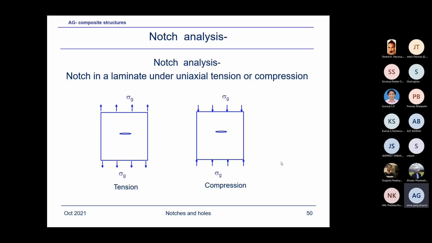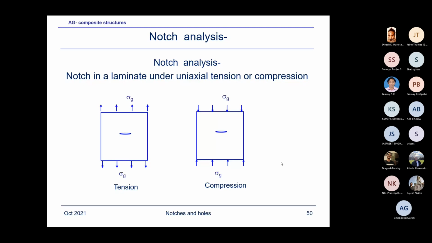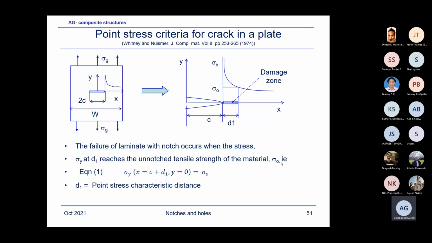Okay, so we'll be discussing now the sharp notches rather than the holes. The approach for the notches is also similar to what we discussed for the holes, based on the point stress criteria. What you see on the screen now is a crack of 2C dimension, or length 2C.